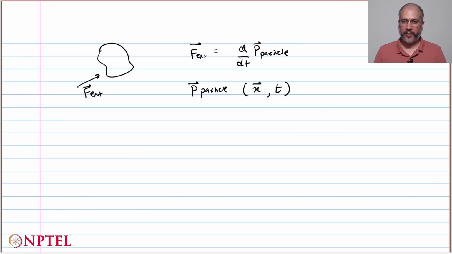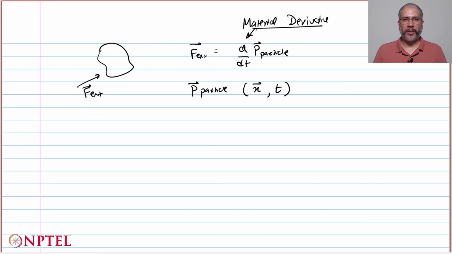So when we have to apply Newton's law to a particle that may be moving, we will have to measure the time rate change of the momentum of the particle by sitting on the particle. What that means is that we have to measure the material derivative in this case.